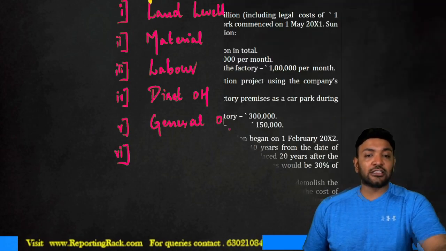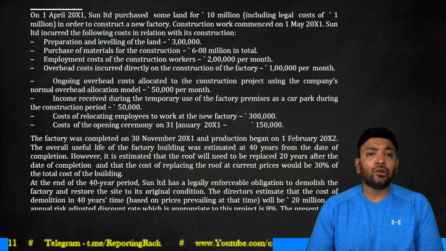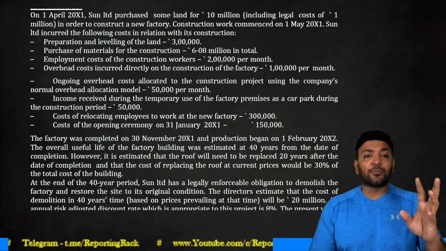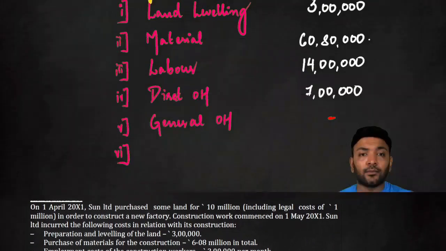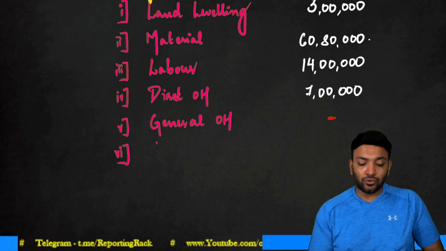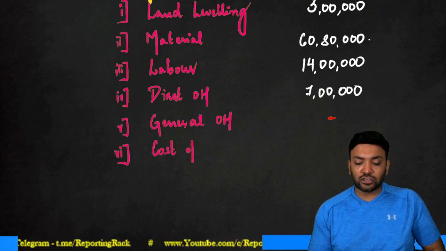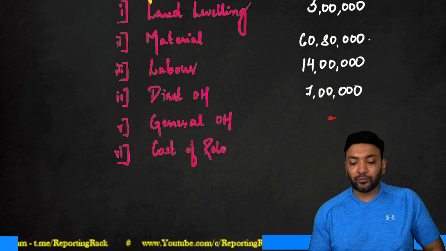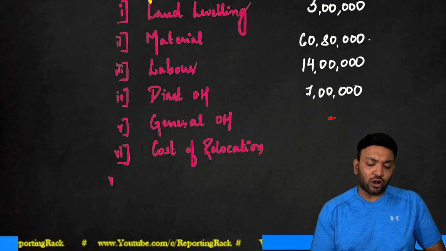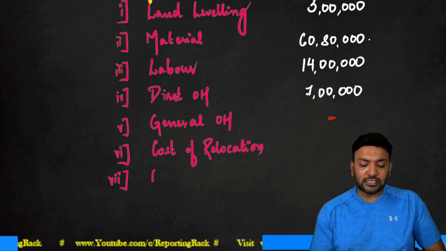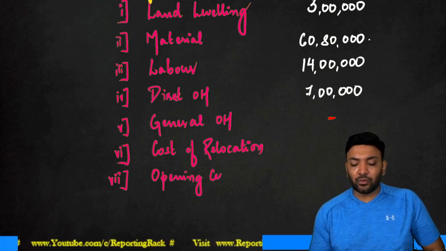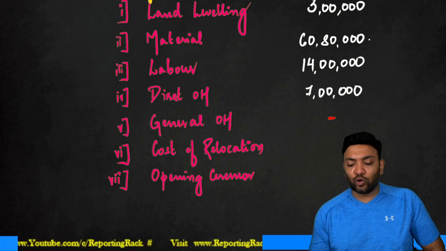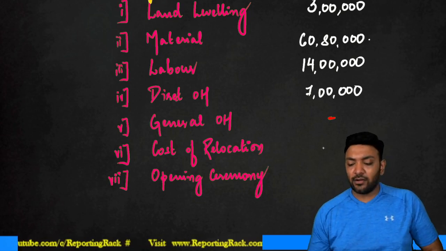What is after your general overheads? Cost of relocation, not supposed to be included. Opening ceremony, not supposed to be included. Cost of relocation and also your cost of opening ceremony, both these costs are not supposed to be included into the cost of the asset.